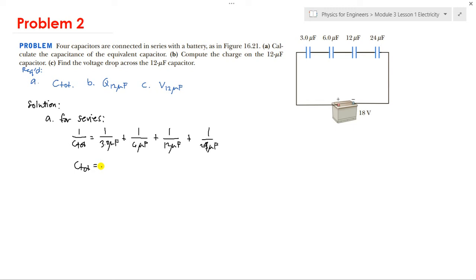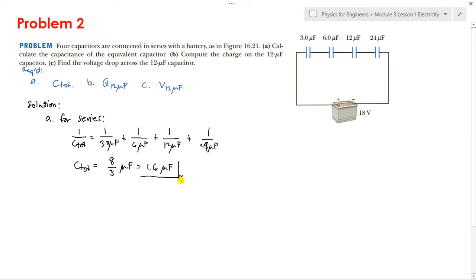The answer is 8 over 5. The total capacitance here is 8 over 5 microfarad, or 1.6 microfarad. So that is the total capacitance.